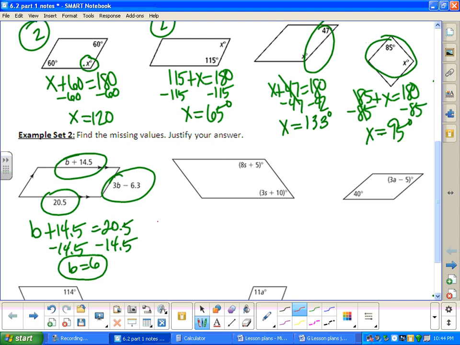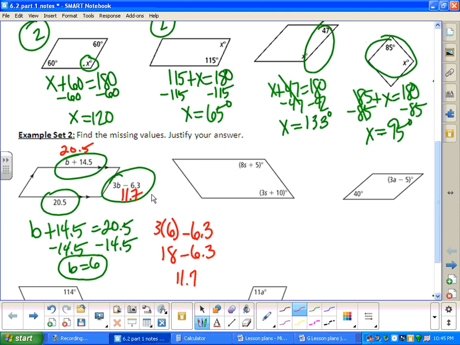So I end up with 3 times 6 minus 6.3. 3 times 6 is 18, minus 6.3 is 11.7. Oh, we have to go back, because obviously this side is going to be 20.5 since they equal each other. So you solve for b and then you want to find this side as well.